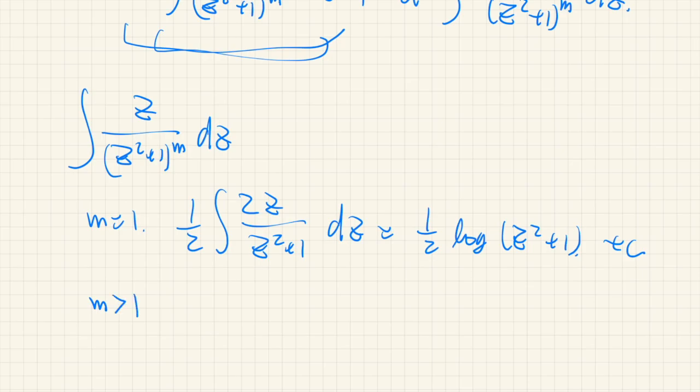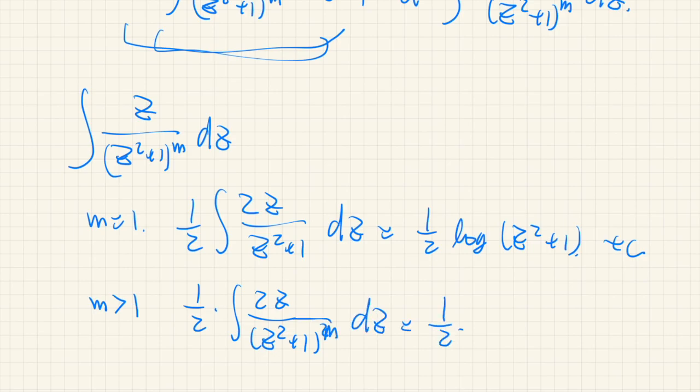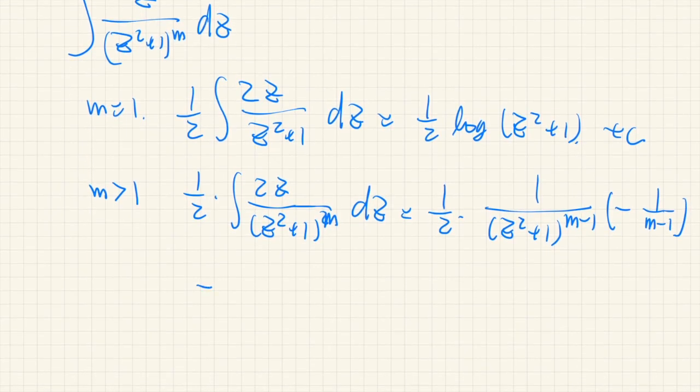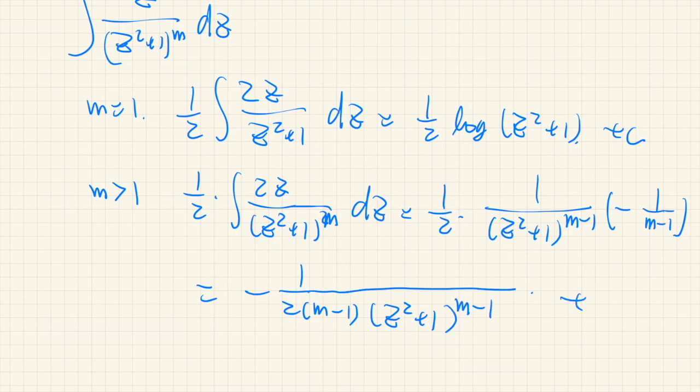And when m is greater than 1, that becomes 1 over 2 times (z squared plus 1) to the power of (m minus 1) over (m minus 1), with a negative sign. So that is negative 1 over 2(m minus 1) times (z squared plus 1) to the power of m minus 1, plus a constant.